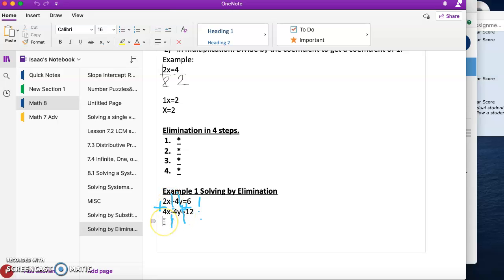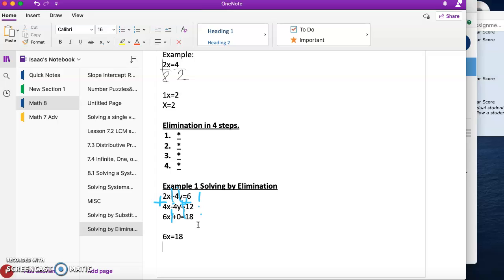So 2x plus 4x is 6x. And negative 4y, or 4y plus negative 4y right here is 0. So I've got 6x plus 0 right now equals 6 plus 12 is 18. So really, by adding these two equations together, I got rid of the y's. And I can just say 6x equals 18.